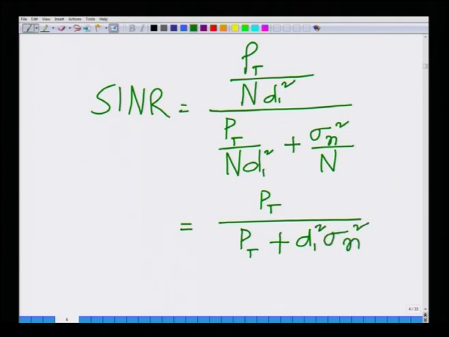Now, you can see from this expression both the numerator signal power is P t and, more importantly, the denominator is also P t.